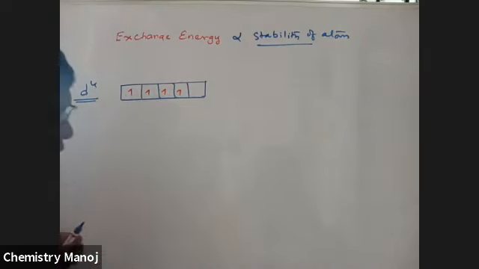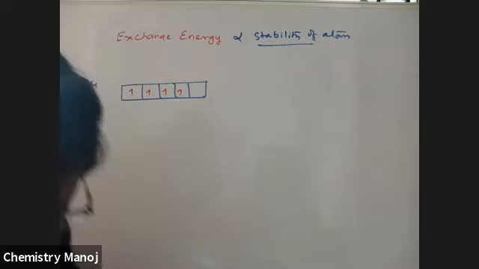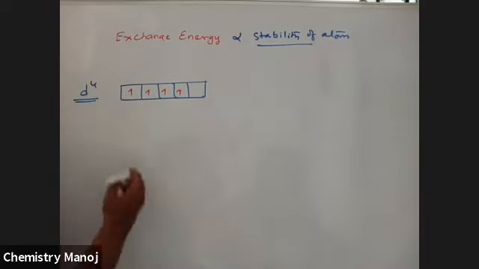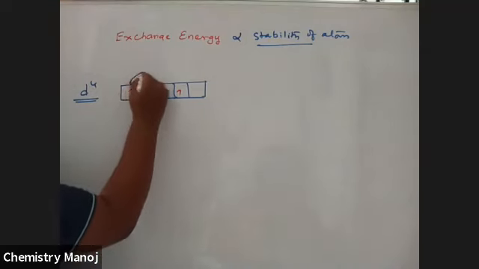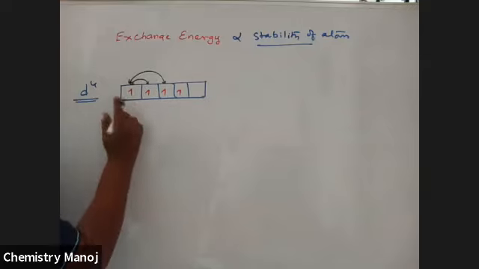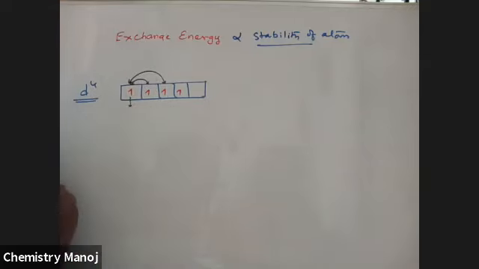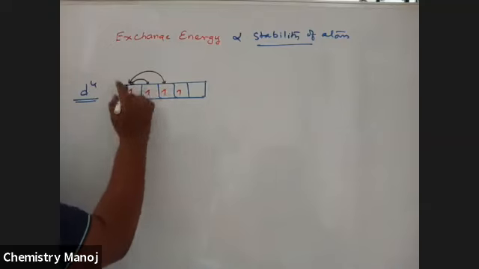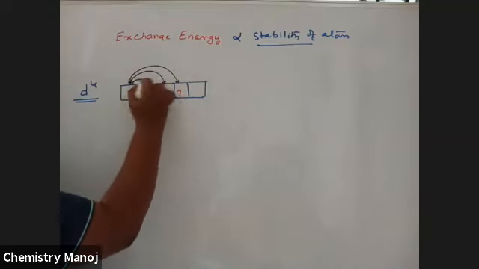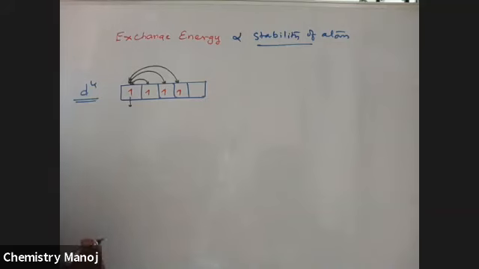Now these 2 electrons are going to exchange. I am going to explain with this electron. Between these, 3 exchanges are possible, that is the only possibility.